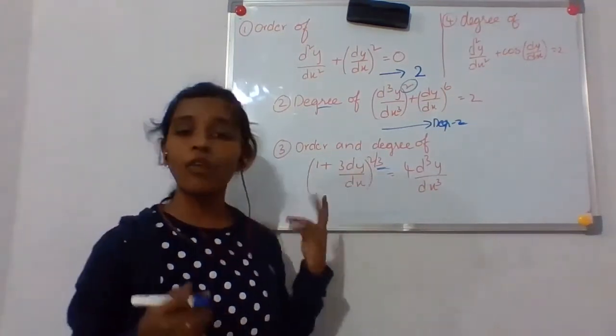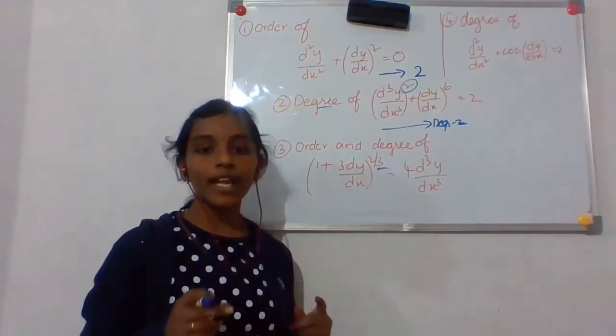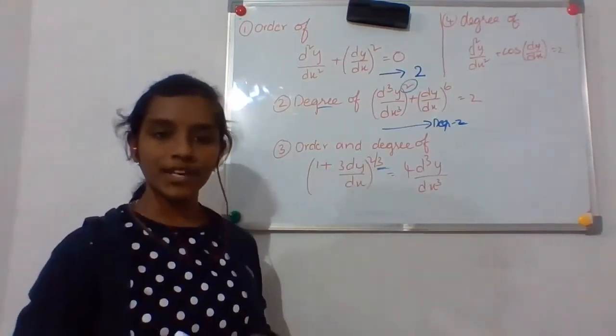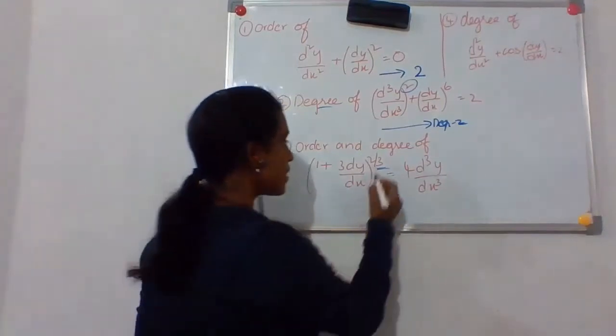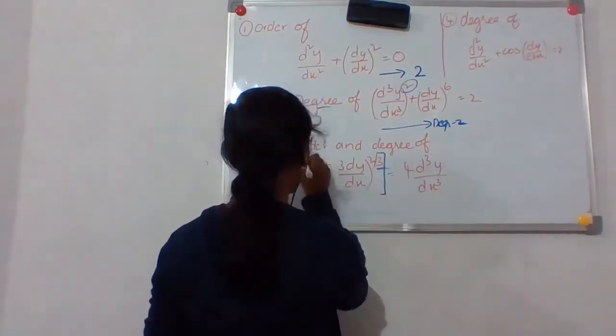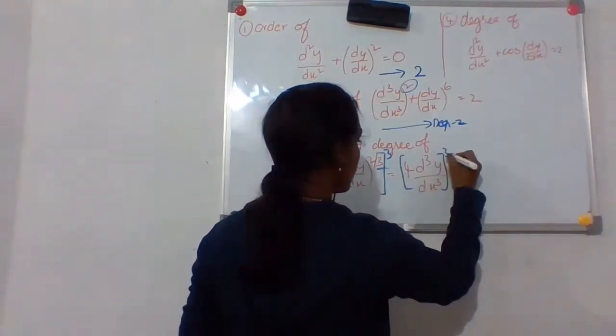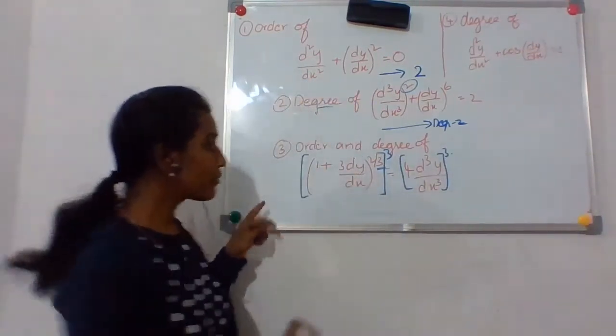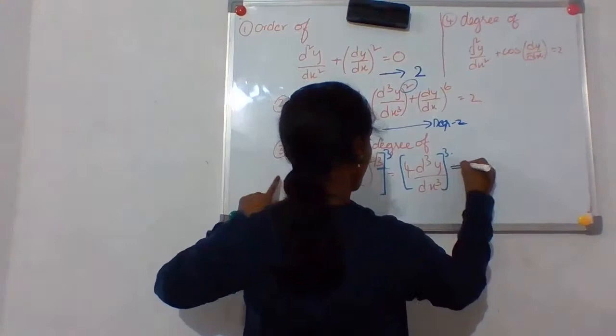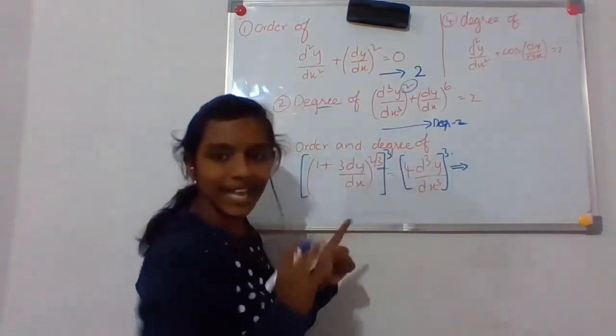So to remove it, what can I do? I can cube both sides, right? If I cube both sides, this will become whole cube. So now what will I get? This 3 and 3 will get cancelled.